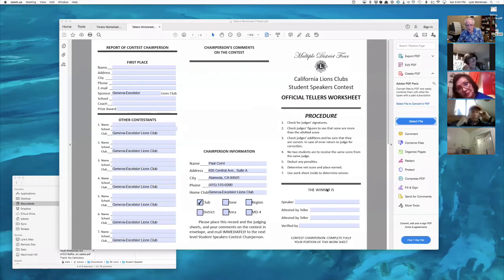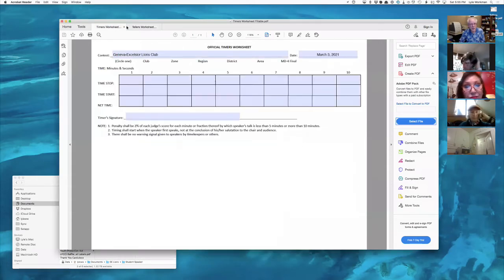Yeah. And then also Acrobat allows you to open multiple forms. Say you as the teller want to open those two forms. Okay. I'm going to share my screen again. If you open both forms in Acrobat, what happens is it will open both forms and put each form in a tab.